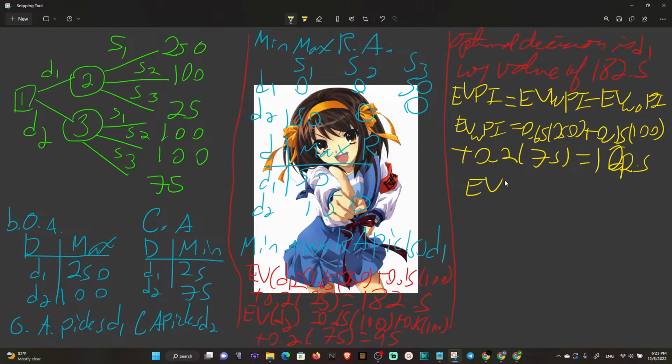So EVPI is equal to 192.5 minus 182.5, which will equal 10.